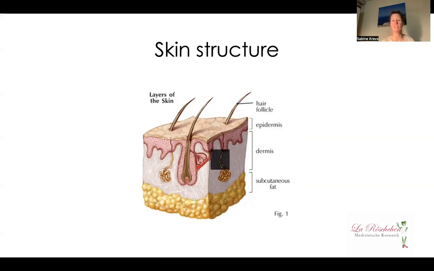So the epidermis is the one where you have cells that renew themselves normally when you are young, up to 25 years old, every 28 days. You find these mama cells, how I call them, on the very lower layer of the epidermis.